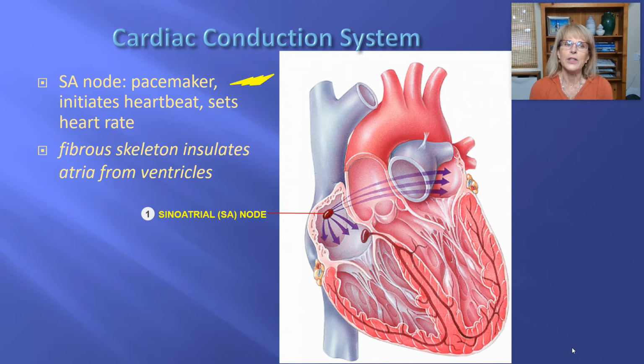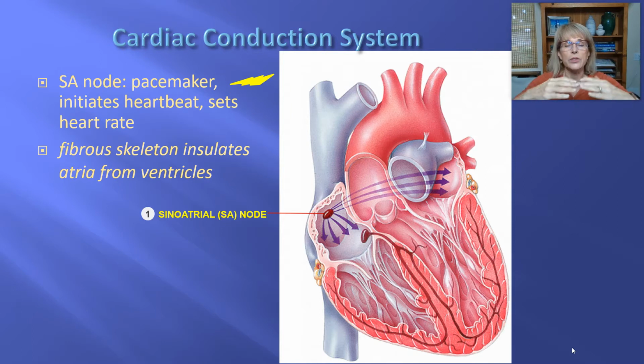So in the last video, we discussed the cells of the heart. They reach the moment of threshold, not because a nerve has told them to contract, but because they have proteins that allow positively charged ions to leak into the cell.